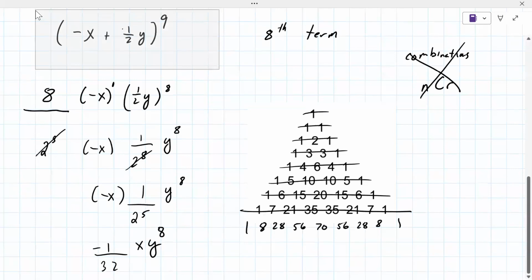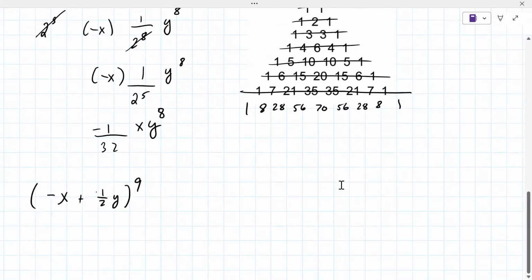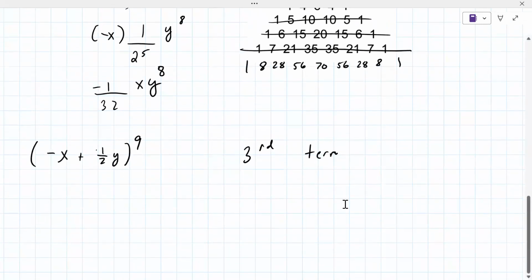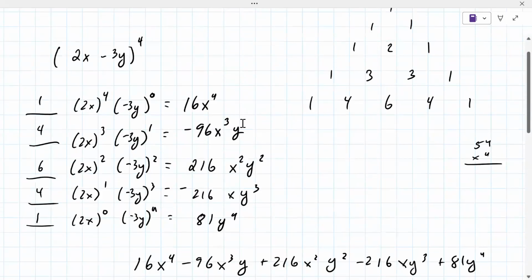Yeah. So let's do the same thing, but this time, let's say we wanted the third term. Okay. So the third term is, and it's easier to start with the second one. It's 1/2 y to the power of 3. You'll notice that in the terms, the second one tells you, I'm sorry, I messed this up already.